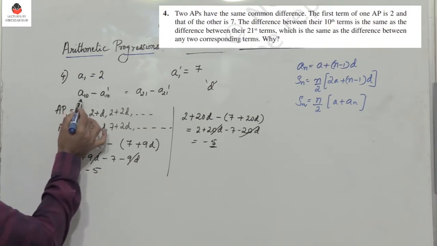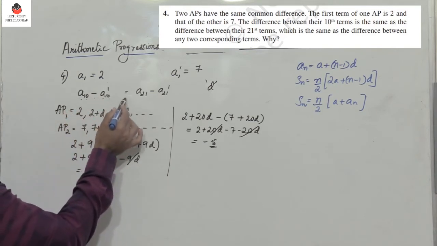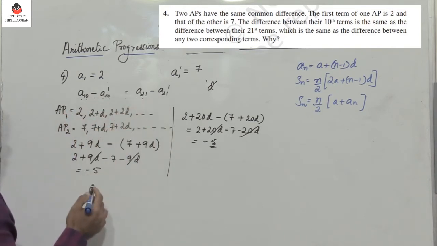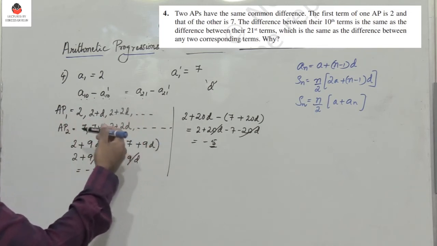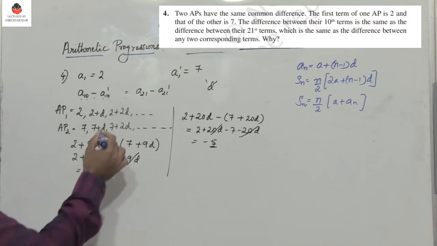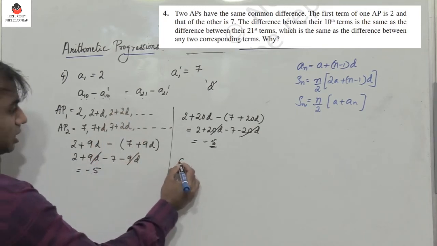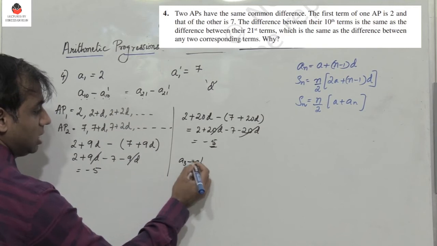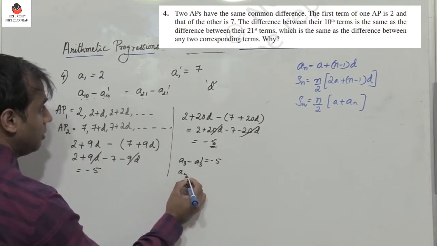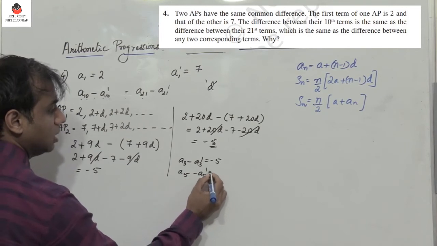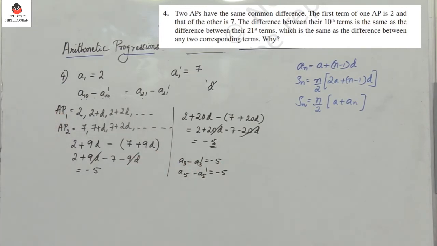So here A10 minus A10 dash is equal to A21 minus A21 dash, and it's going to be the same if I take the difference between any two terms correspondingly. That means if I consider A3 minus A3 dash, again it would be the same, which is equal to minus 5. If I consider A5 minus A5 dash, again it's going to be minus 5.